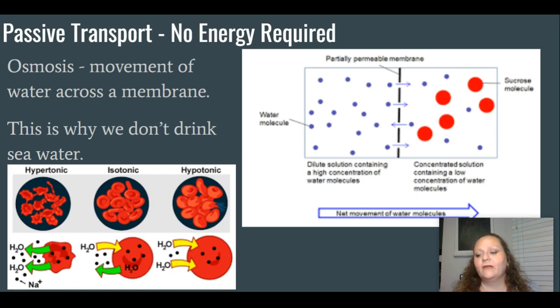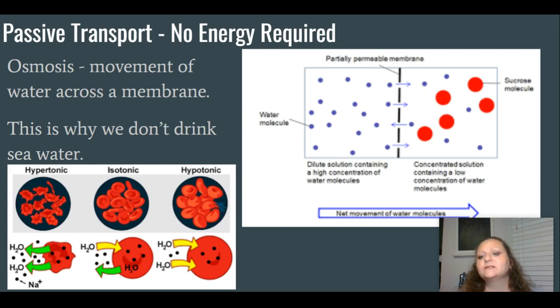Okay, so when we think of osmosis, we think of how water is moving. If you can figure out the direction that the diffusion would go, which direction the stuff wants to move, then osmosis is going to occur in the opposite direction.